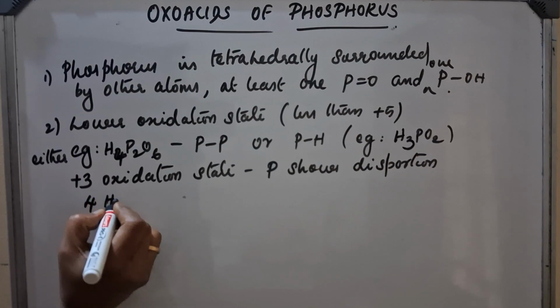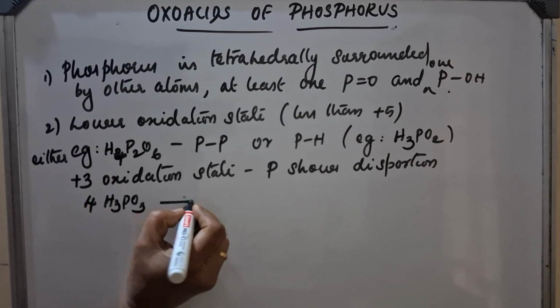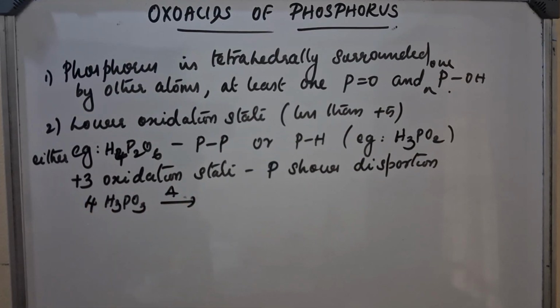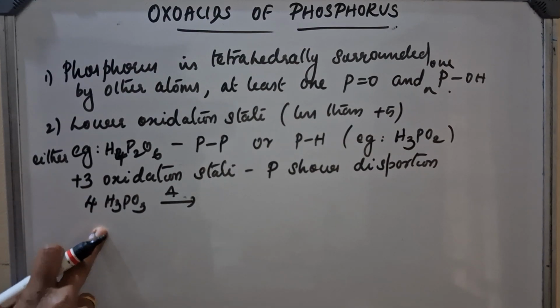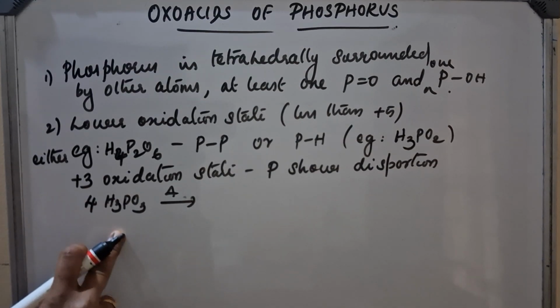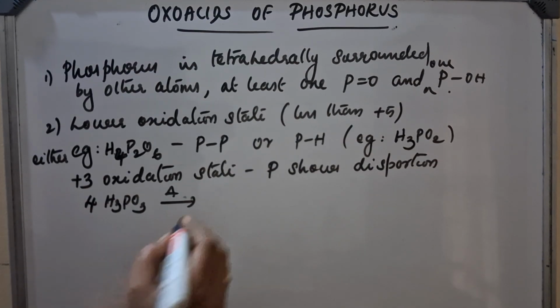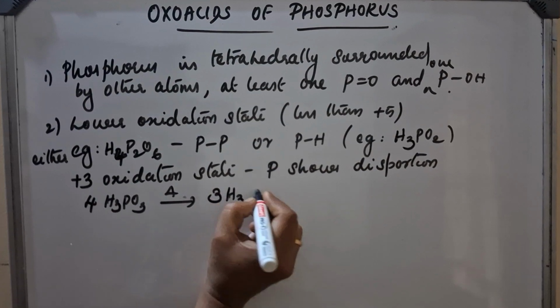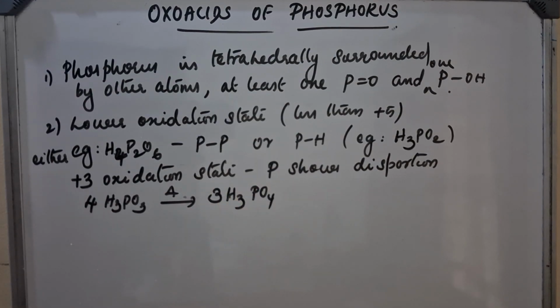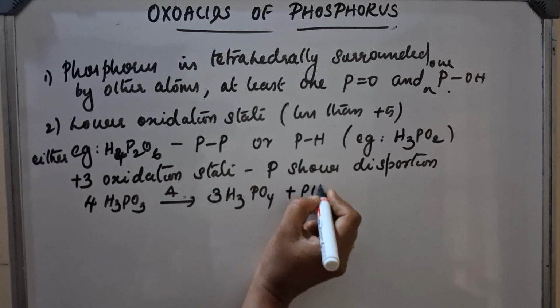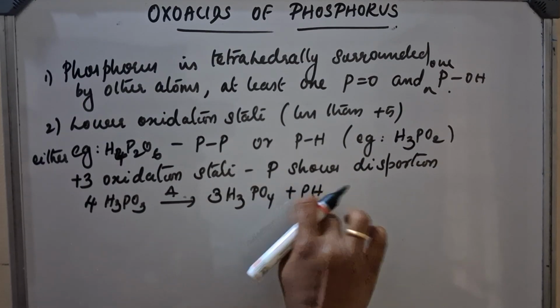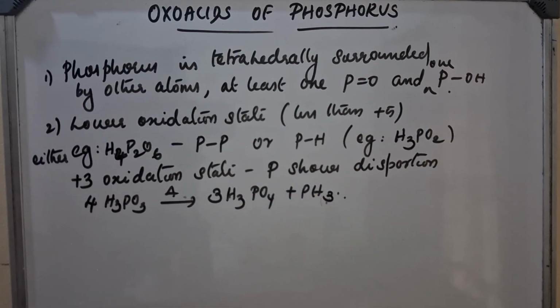For H3PO3, what happens on heating? Disproportionation takes place. This is phosphorus acid, orthophosphorous acid. On heating, it gives 3H3PO4, orthophosphoric acid, and phosphine is obtained. So disproportionation takes place in those having +3 oxidation state.